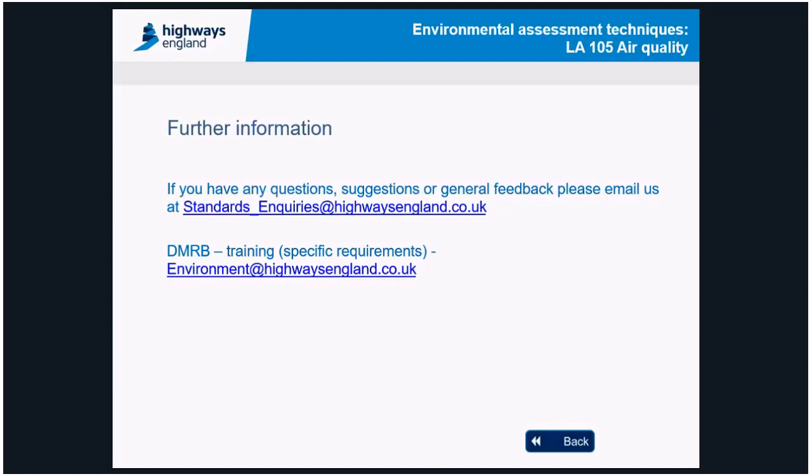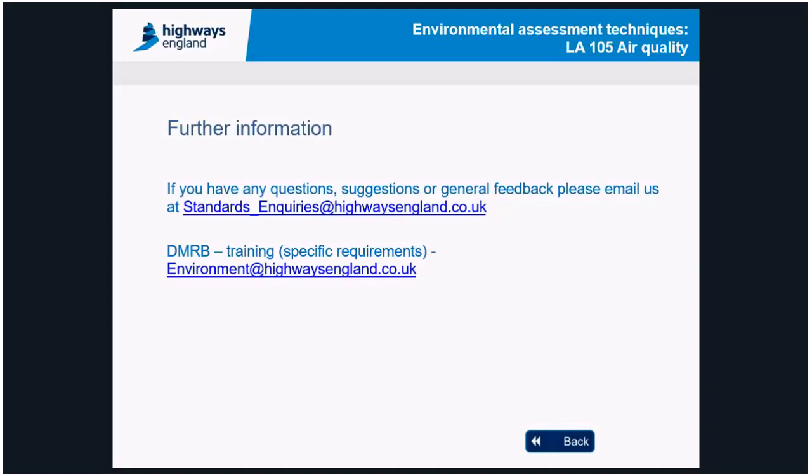So, Vicky, you've asked about PM 2.5. To be absolutely clear, in WebTag, it says PM 10 or PM 2.5, not explicitly. Steve and I have also given a lot of thought to this, so we'll give some further clarity around that as well.